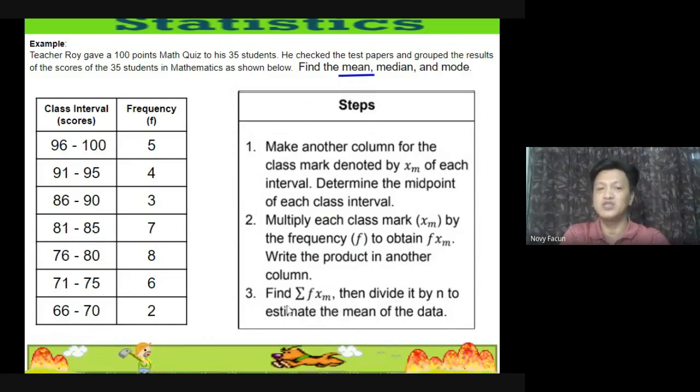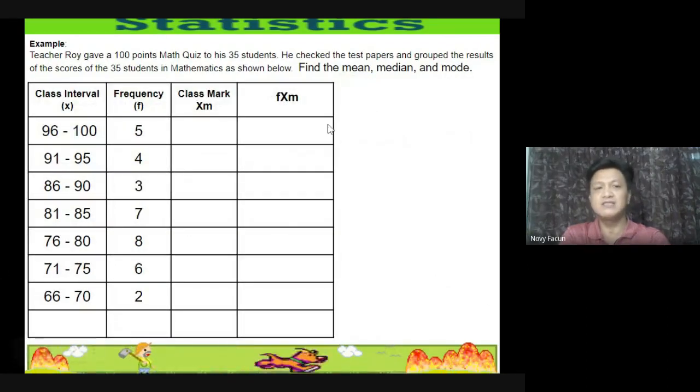Kaya nga sigma notation yan, total. Then, divide it by the n, yun yung total frequency natin, to estimate the mean of the data. So, para makita natin, let's proceed. Before we compute the mean, kailangan makompleto natin yung two columns na to, yung class mark, tsaka yung frequency times the class mark, yung fxm.